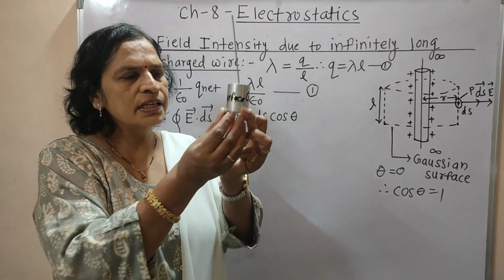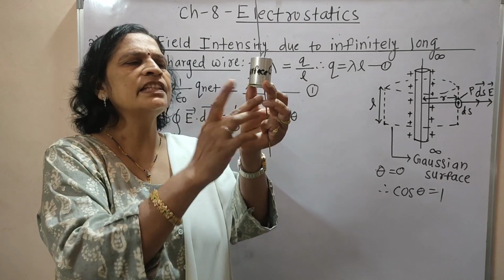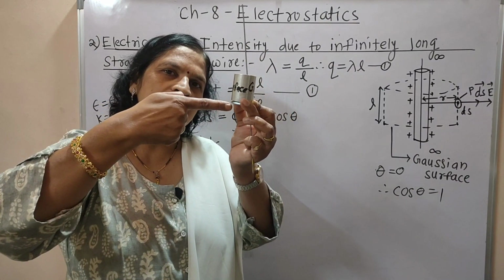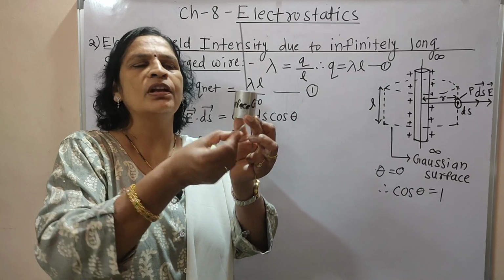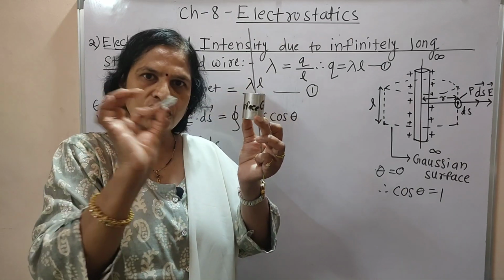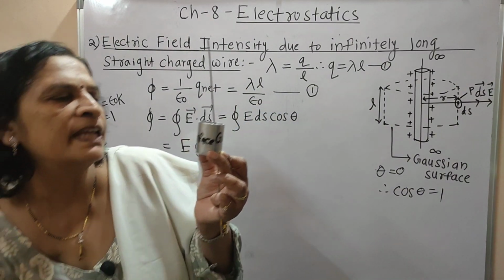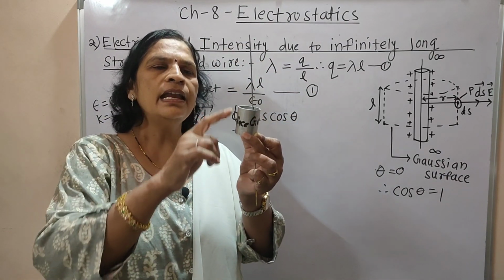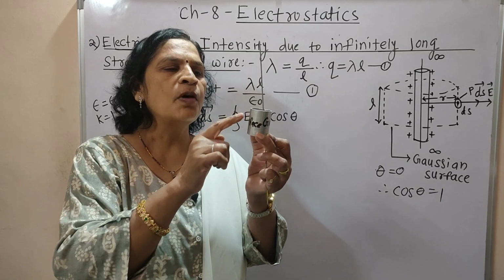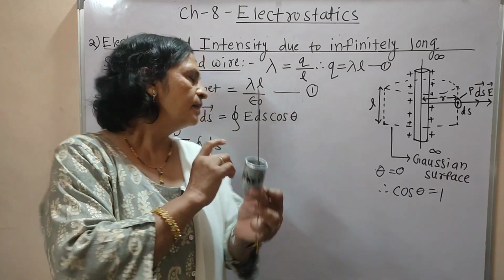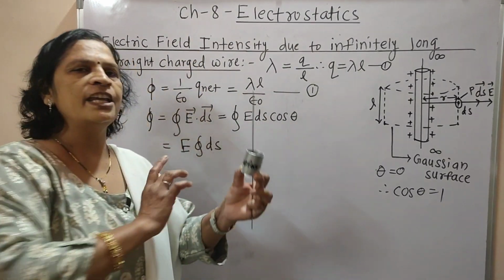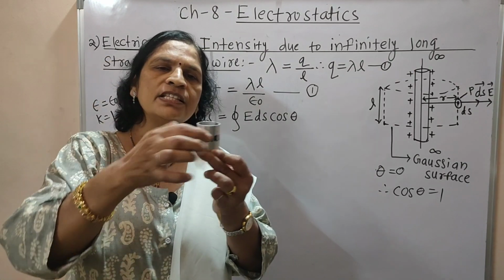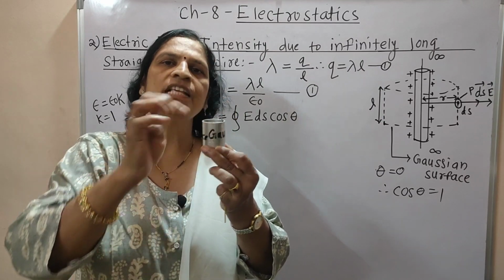Then on the second surface, the area vector is in this direction and the electric intensity is in this direction, they are also perpendicular, so flux on this area is also not present. Flux is present on the cylinder curved surface only, with L the length and small r the radius. The surface integral of ds is nothing but the area of this curved surface.